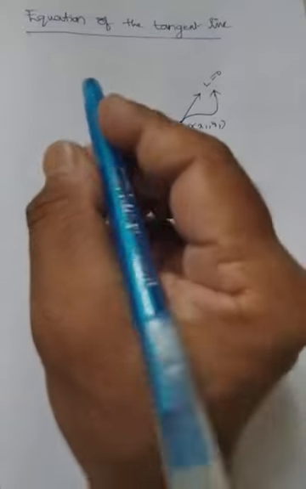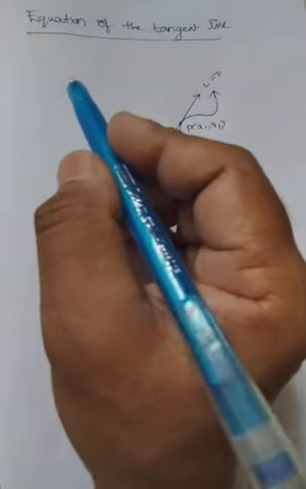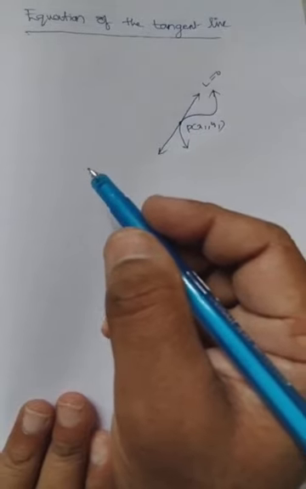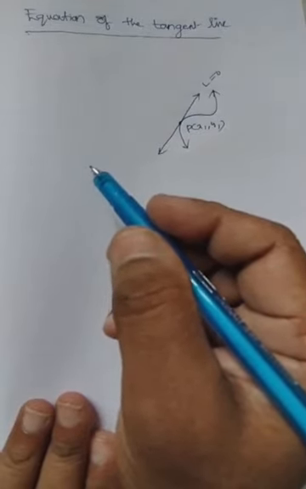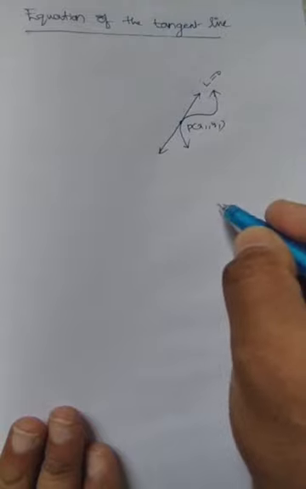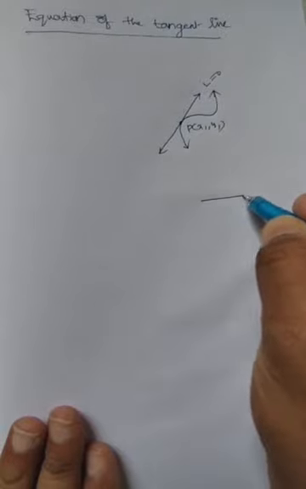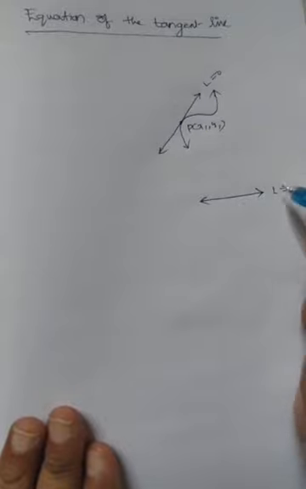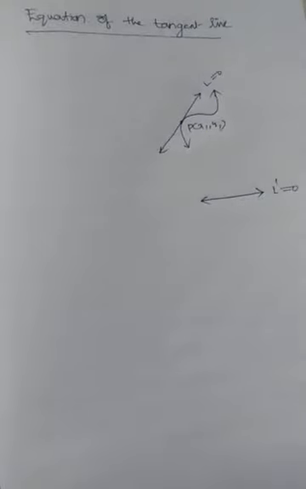We know that any line equation can be written in point slope form. We know the formula for the line equation. What is the point slope form? Suppose this is a line L dash equals 0.